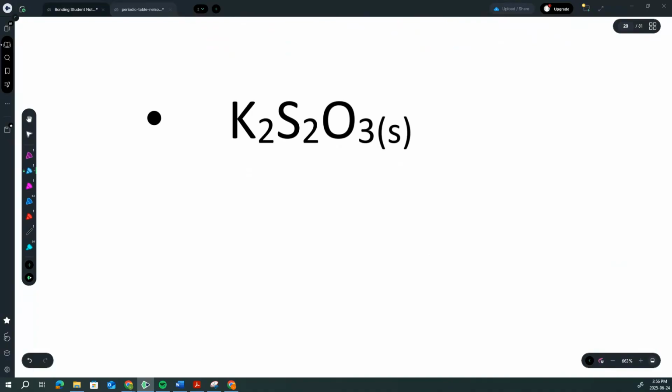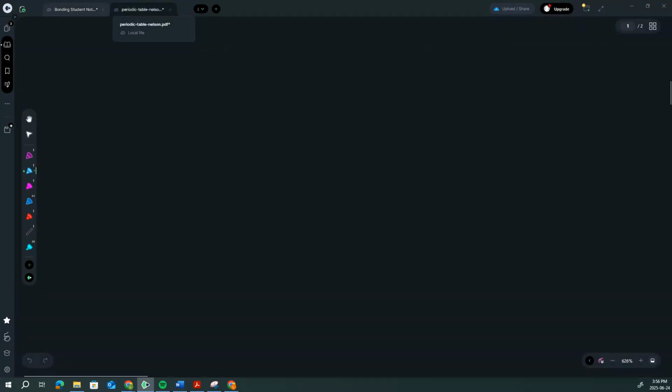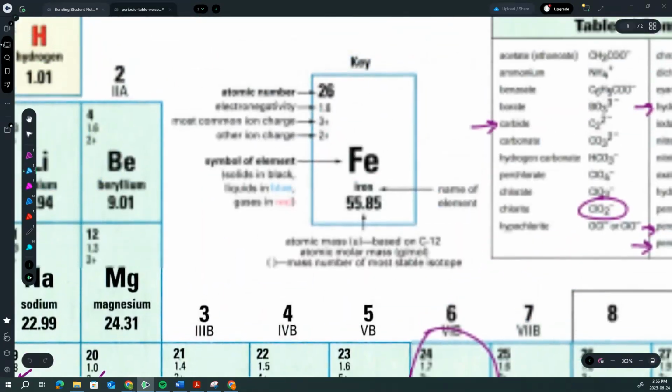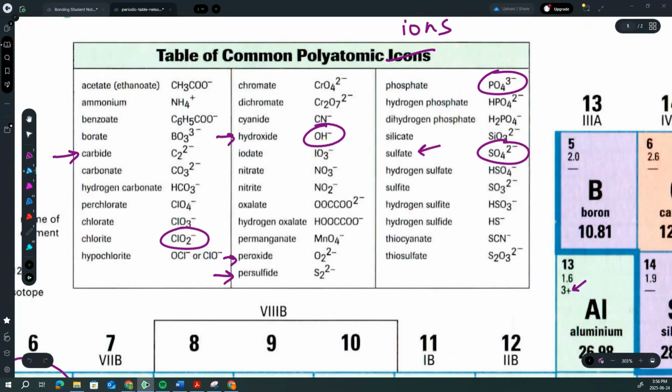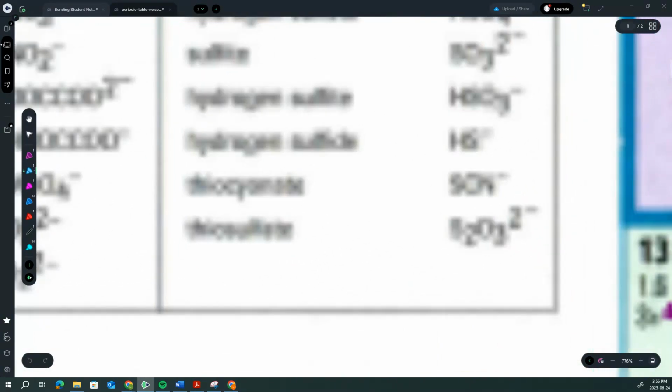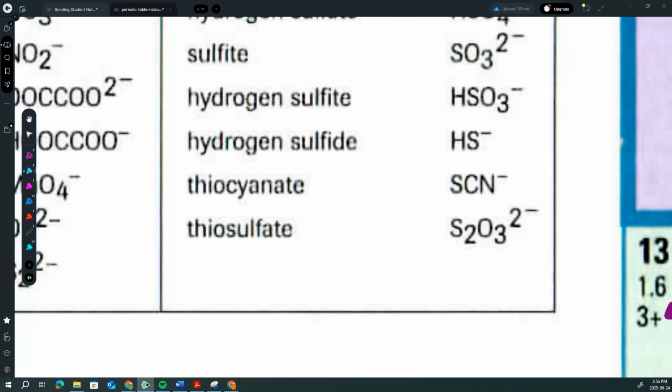All right. Last but not least, we have K2S2O3. So because there's more than 2 elements, I know that there is a polyatomic ion somewhere in here. Okay, so let's take a look at my list of polyatomic ions and see what I can find here. Okay, so S2O3, that's going to be thiosulfate. Okay, K, we know that's potassium because we just looked up what potassium was.